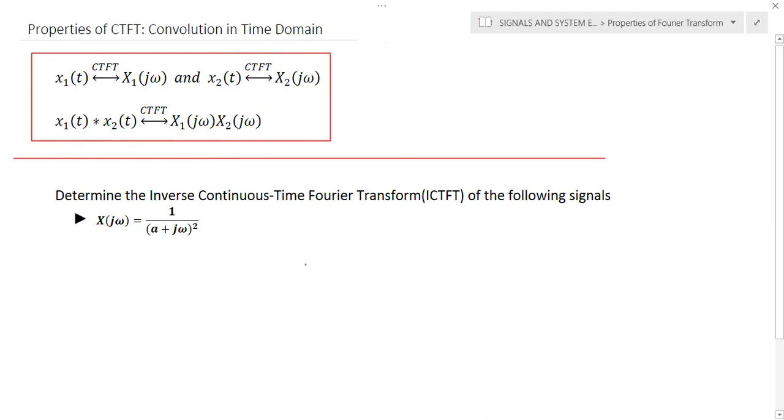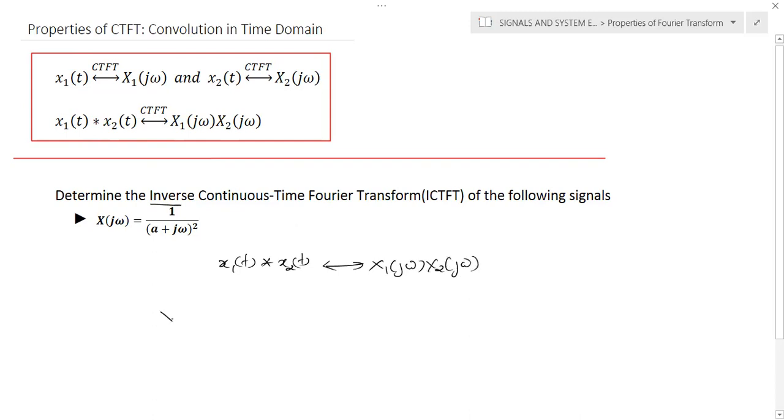Here we need to find the inverse continuous time Fourier transform of the following signal. X of jω is given by 1 by (a plus jω) the whole square. Here we need to apply the convolution property in time domain, because if you know the property, x1 of t convolution x2 of t has the transform X1 of jω into X2 of jω.